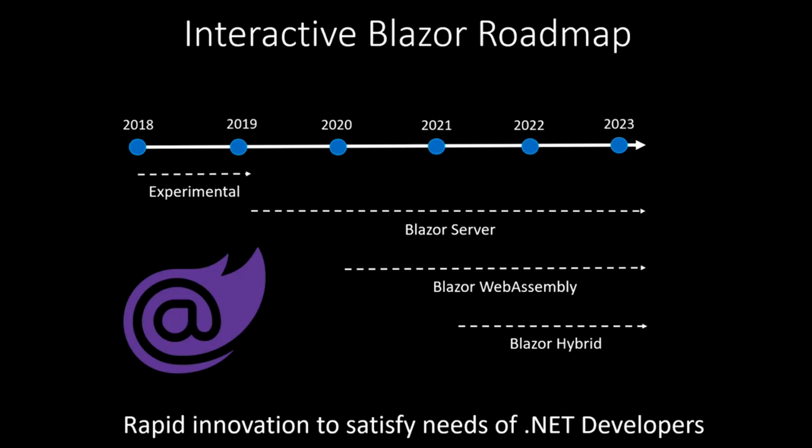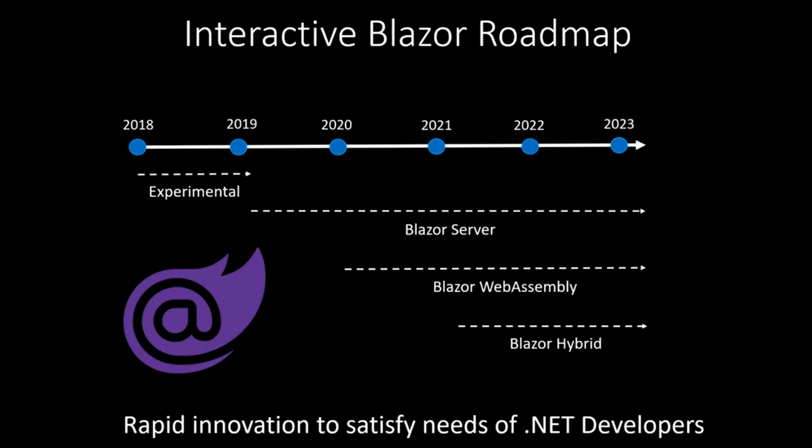Initially, between 2018 and 2019, Blazor was an experimental project, meaning the team was working on it internally, and it had not yet been approved as an official user interface technology by Microsoft.